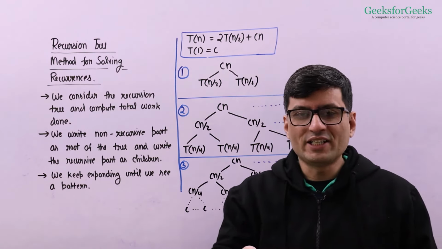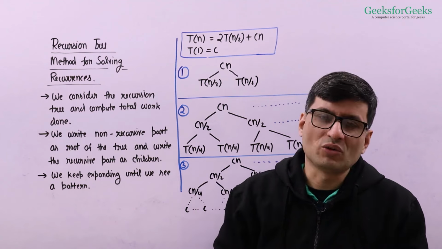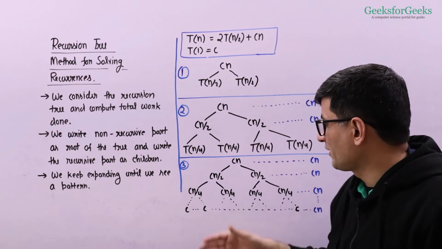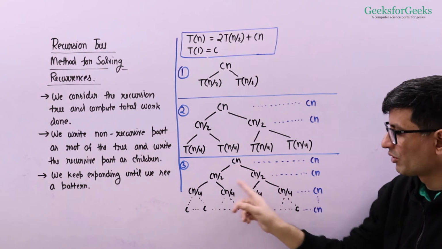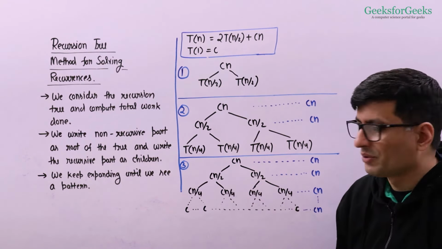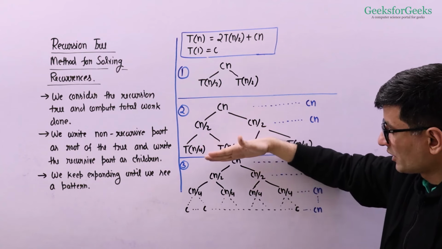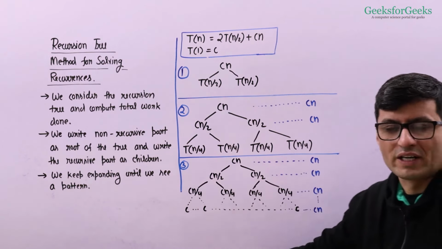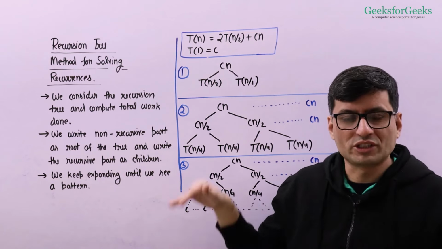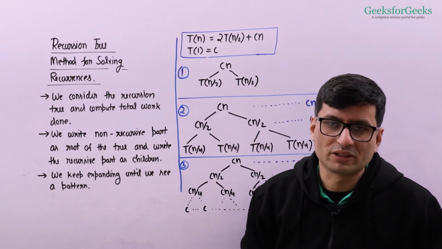And at the end, we compute the total work done in the whole recursion tree. So say if I have drawn this complete recursion tree, I just need to count the sum of all node values. To compute that, we compute the sum of this level, then this level, then this level, and we find the pattern and we find the sum of the whole series. That's what we do in the recursion tree method.